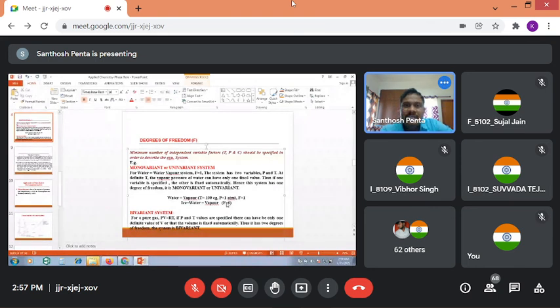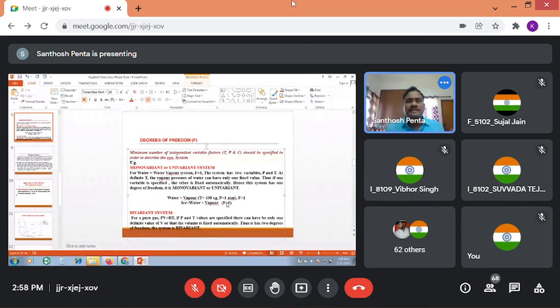Because we have to express the minimum number of chemical constituents. Simply I am saying like this: water is existing in equilibrium with all the three phases. That means you are not required to specify the temperature or the pressure.